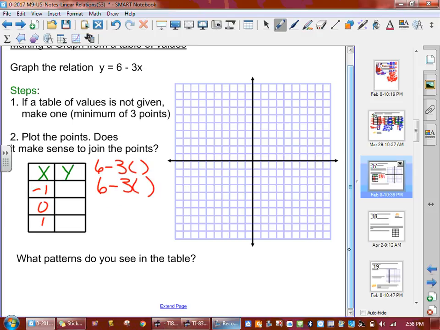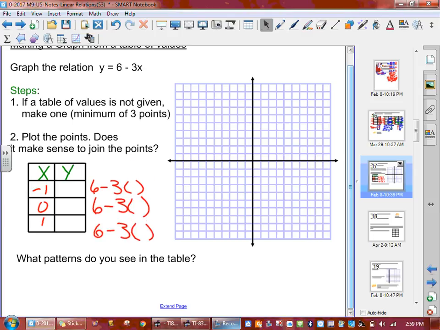So now, if I put my numbers in, -1, 0, and 1, we now have to do the BEDMAS. So the multiplying goes first. So we're going to multiply here. A negative times a negative is a positive. So that's 6 plus 3 is positive 9, because negative times a negative, remember, is positive.